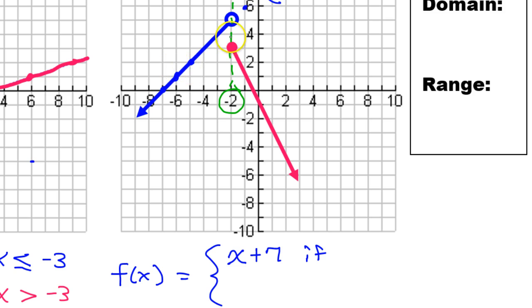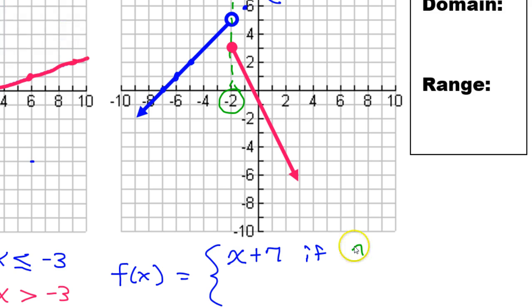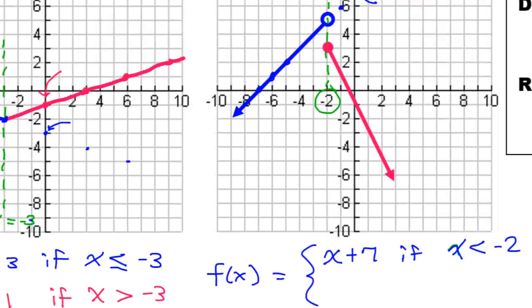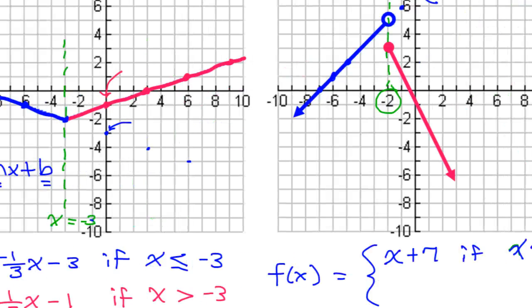So the blue function is going to the left. So I'm going to say if, hold on, I want this to be blue. I'm going to say if x is less than -2. Now, will I put or equal to on this? No. When I was doing the absolute value function, I said it doesn't matter which one is the or equal to one and which one is left plain.